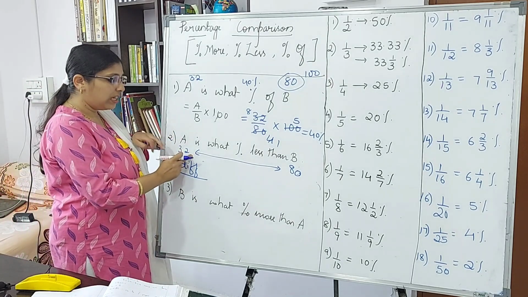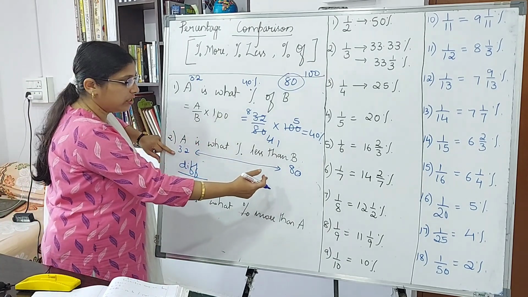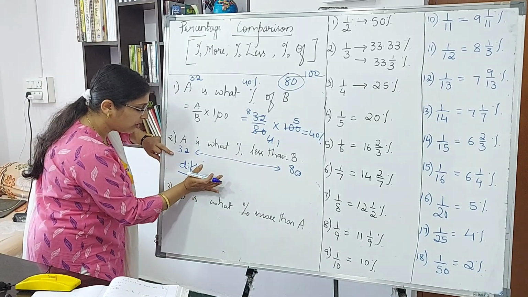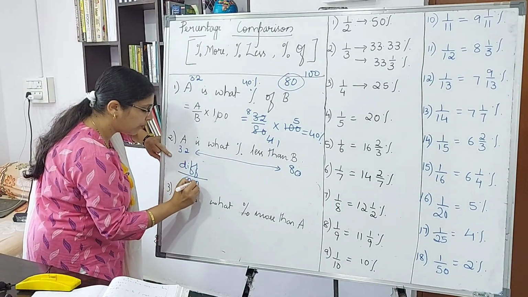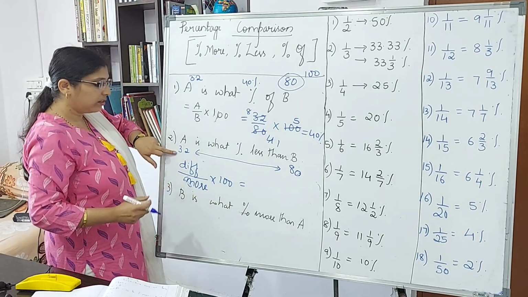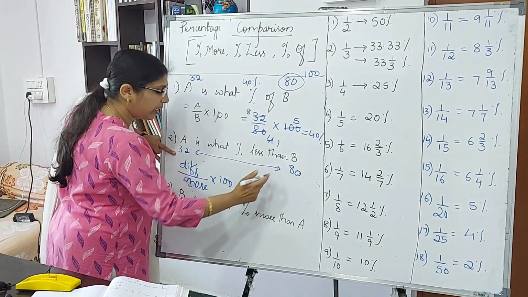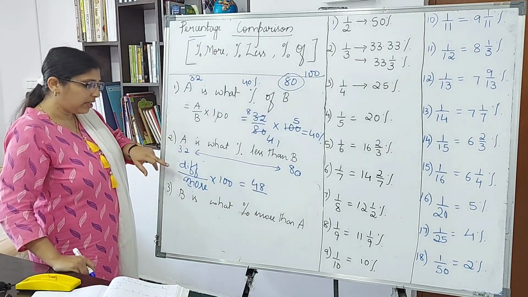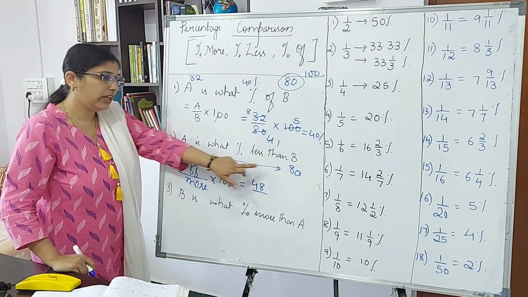So the more will come in the denominator. Difference by more into 100. Now, difference is 48, and more is 80.